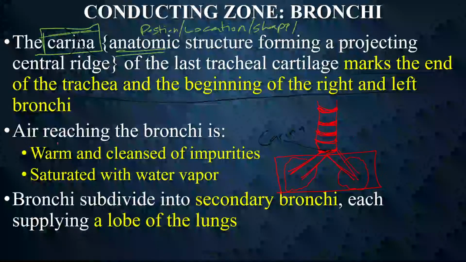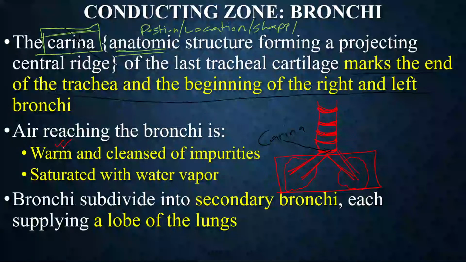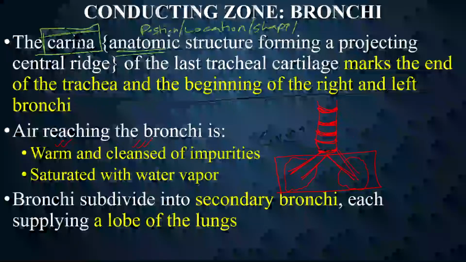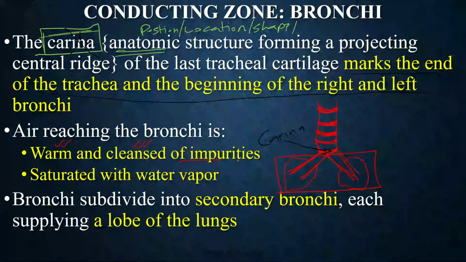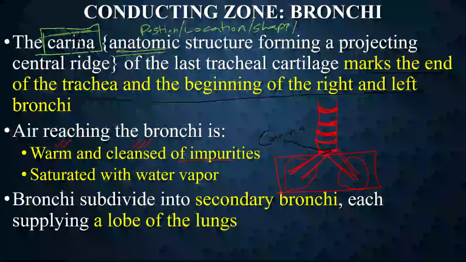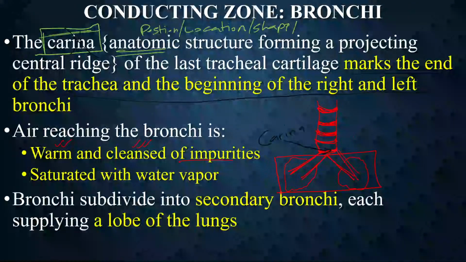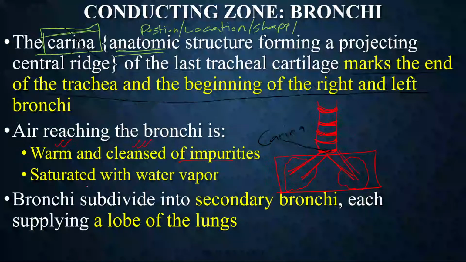The air that gets into the bronchi gets there warm, that is to body temperature. It gets there cleansed and purified. It doesn't have any impurities at all, unless there is a problem with your protective mechanisms in the trachea, the nose, the larynx, the pharynx, and all that. And it is also saturated with water vapor.